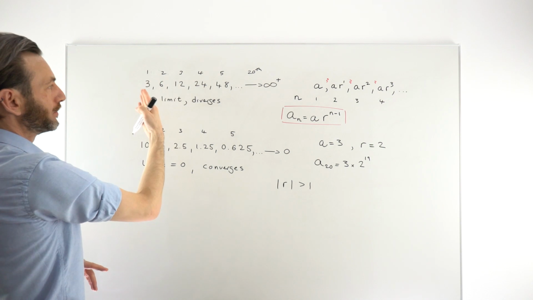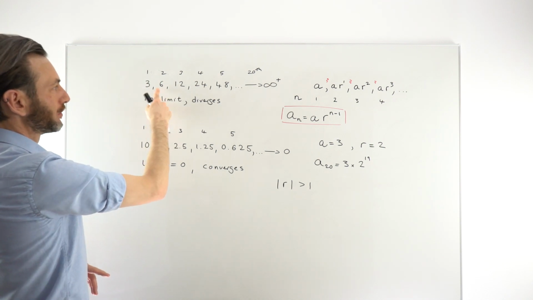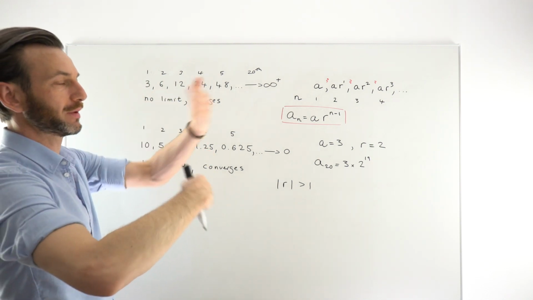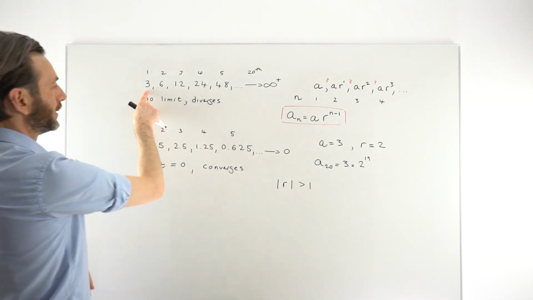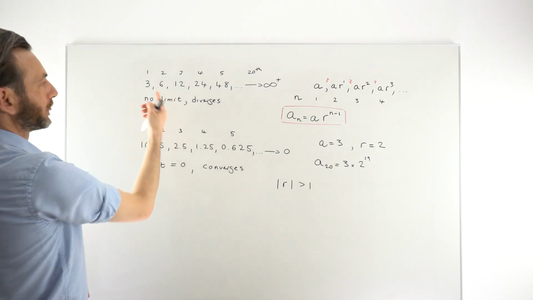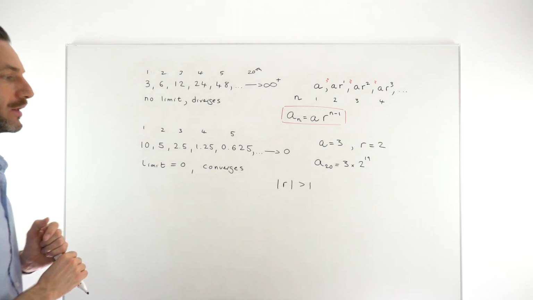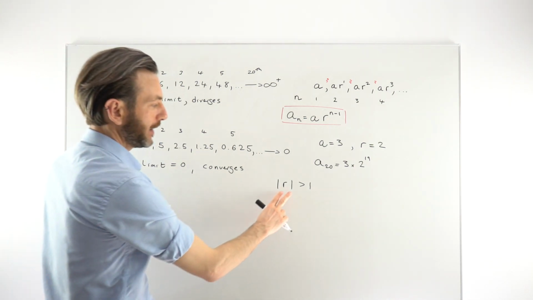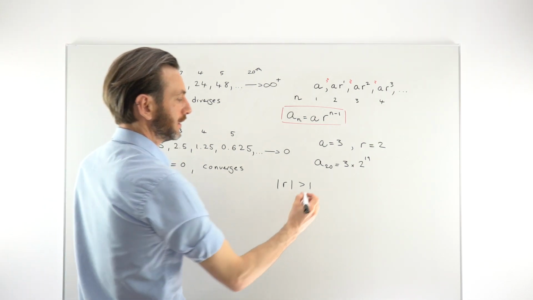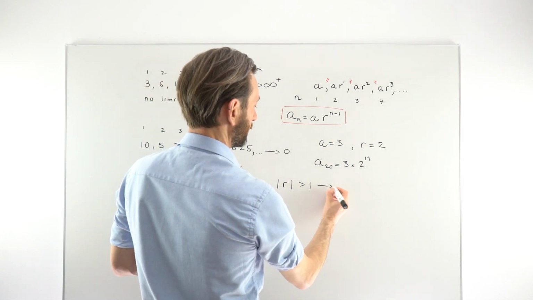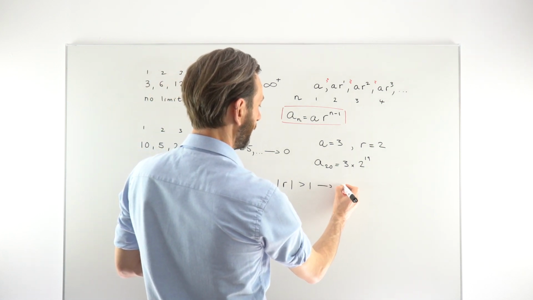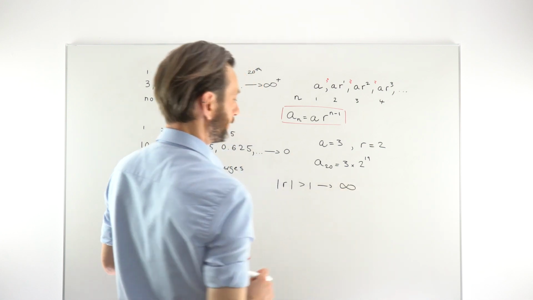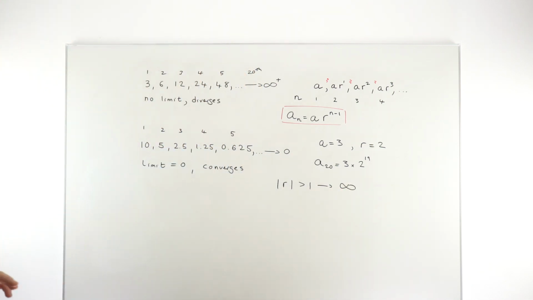If you're multiplying by a number bigger than 1, you're making that number just bigger and bigger and bigger. Or if it was a negative, multiplying by like negative 2, then that's going to have a certain behavior as well. So if the absolute value of r is greater than 1, then that is definitely going to diverge off to infinity. So in that case, there would be no limit.